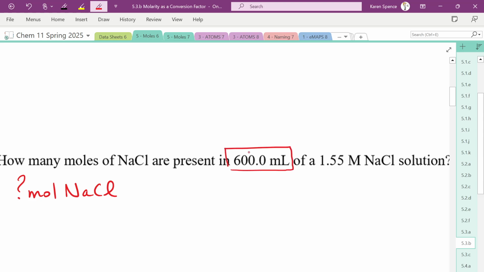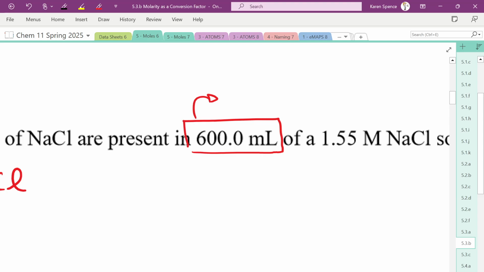What should we do with our milliliters? Rewrite them as liters. In order to do that, we move our decimal place 1, 2, 3 places to the left. So that's going to be 0.6000 liters. Do I need all of those zeros? To keep track of my sig figs, I do, because that has 4 sig figs in it.